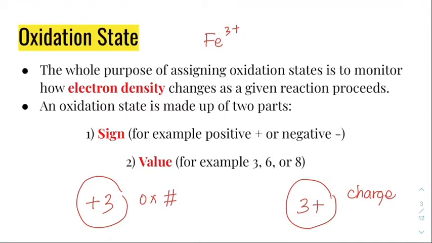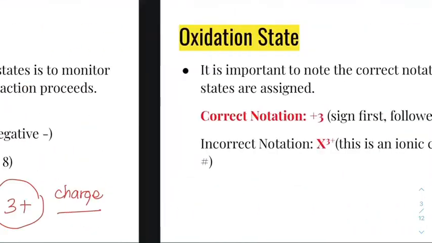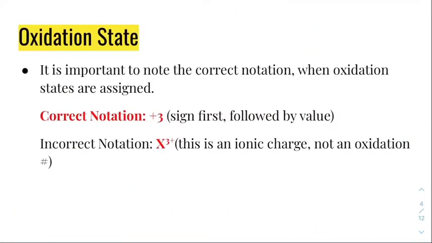Why are the two things differentiated? Because charge only happens in ionic states, while oxidation state or oxidation number can apply to both covalent and ionic compounds. Again, it is important to note the correct notation when oxidation states are assigned. The correct way is +3, not 3+.